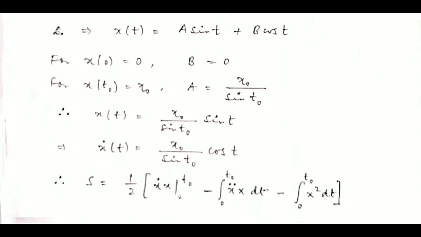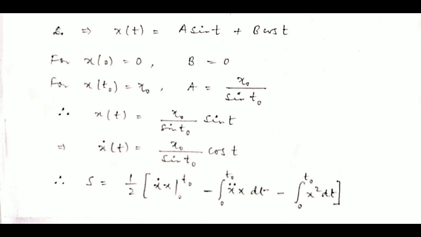Now to calculate the value of a and b, we use the initial conditions, and we find that x of t, which is the trajectory of the particle, looks like x naught into sin t by sin t naught.